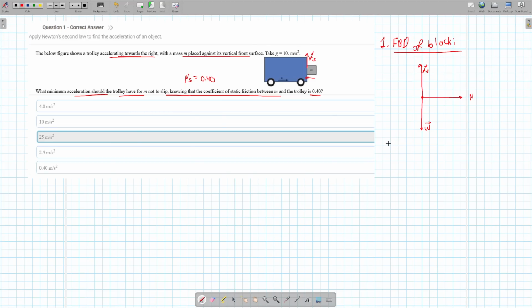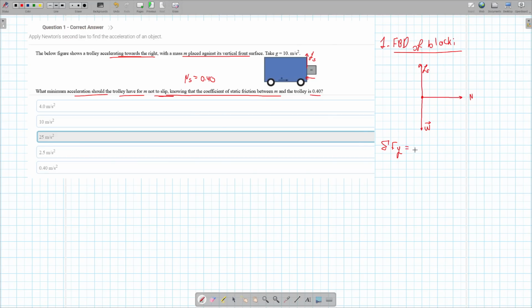Now you're going to check your vertical and horizontal forces. Let's start with vertical, sigma Fy. Is it going to be equal to 0 or ma? Is my object moving up and down? Is it accelerating up or down? No. It's not slipping, so it's staying up. It's not moving, so it's not accelerating.